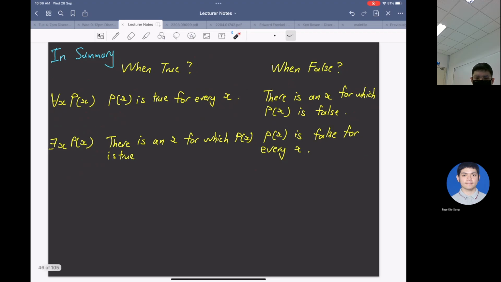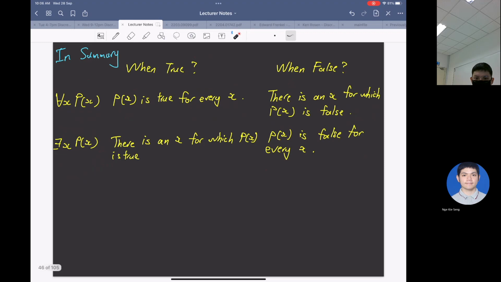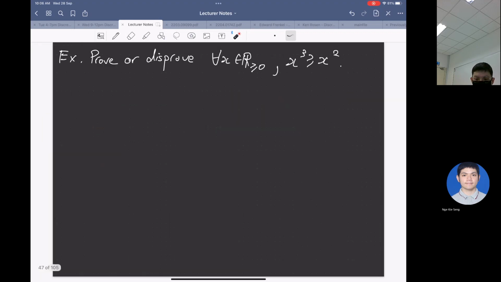Yeah. So I go to the next slide. Example: prove or disprove that for every x, positive real numbers or non-negative, x cubed is greater than or equal to x squared. Okay, try to spend 2 minutes, try to prove or disprove it. You can discuss with your friend. 2 minutes.